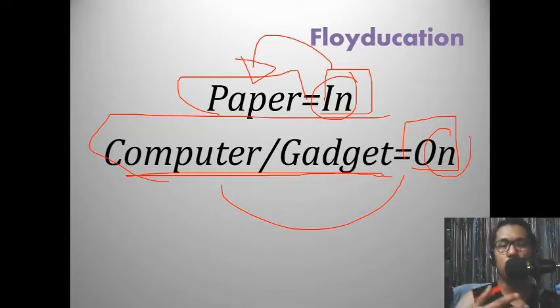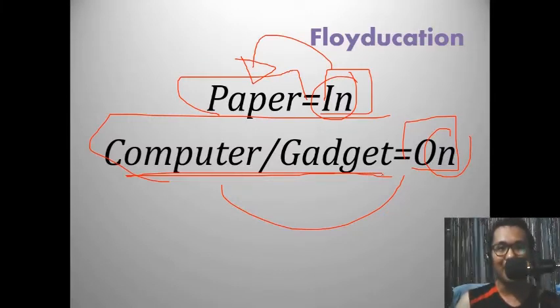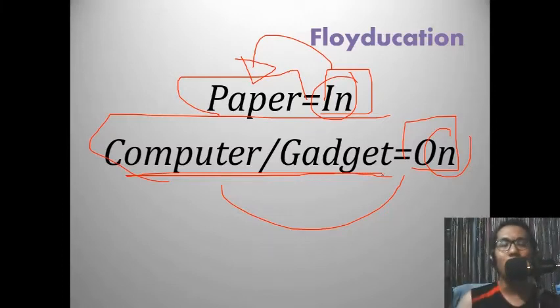In a newspaper, in a magazine. Those are papers. On Facebook, on YouTube, on Instagram, on Twitter. We're going to use a computer or gadget there, so of course we're going to use on. So there you have it. Short, but very helpful for you to understand them easily.